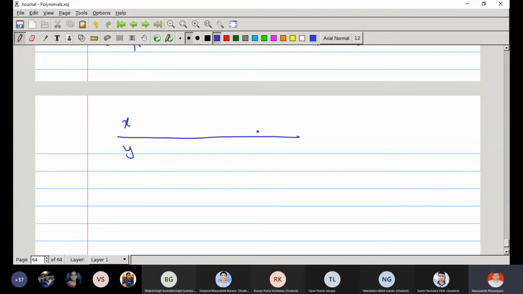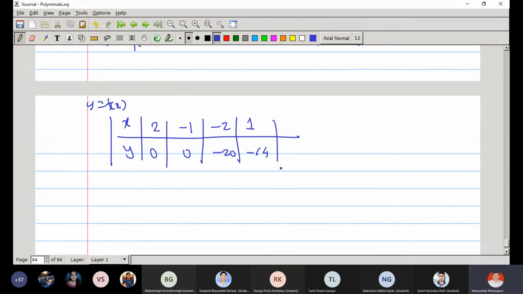What was the given data? At x equal to 2, minus 1, minus 2 and 1, here 0, here minus 20 and here minus 40. This data is given. Do you understand this was given?